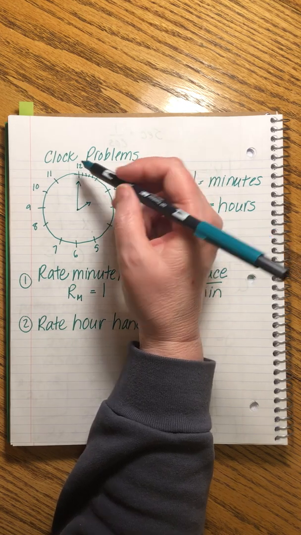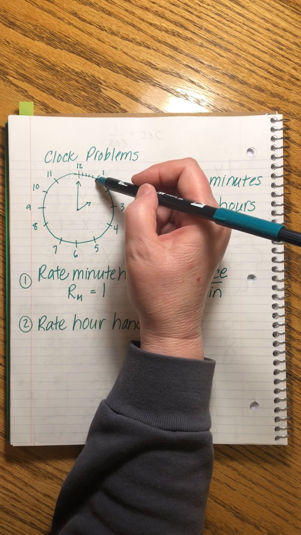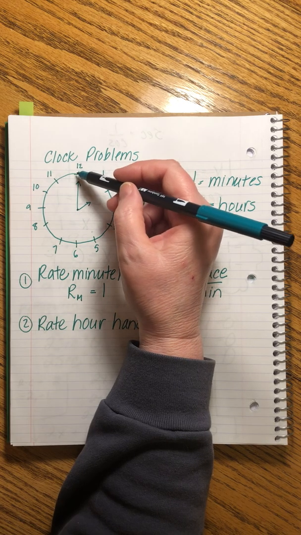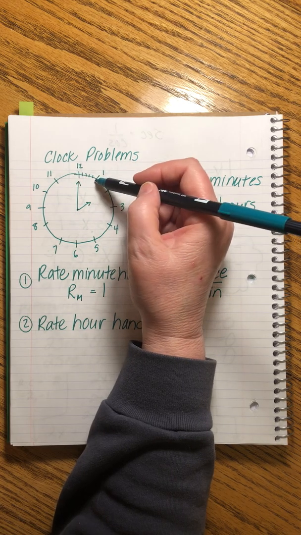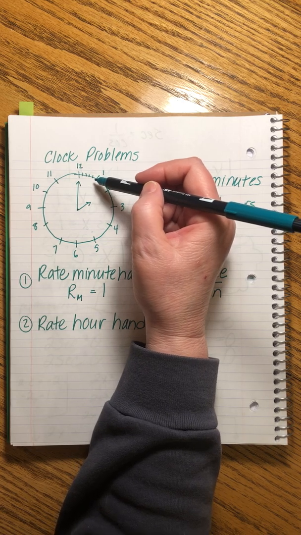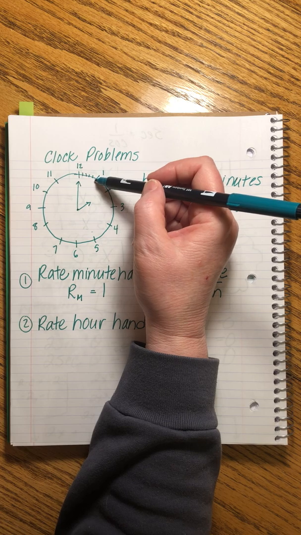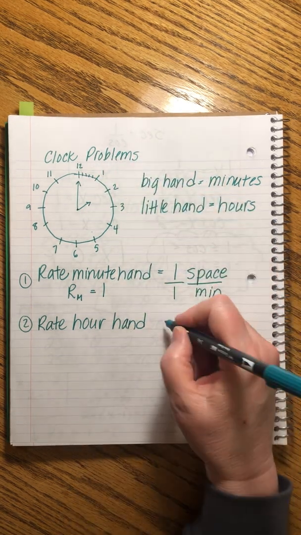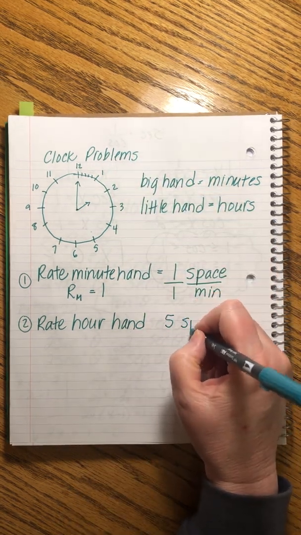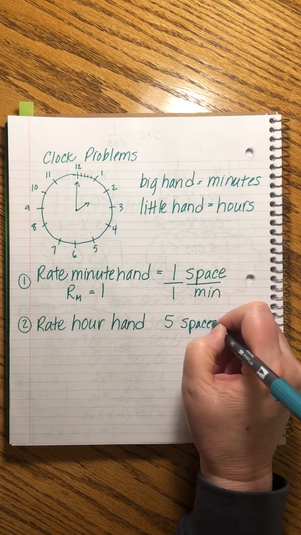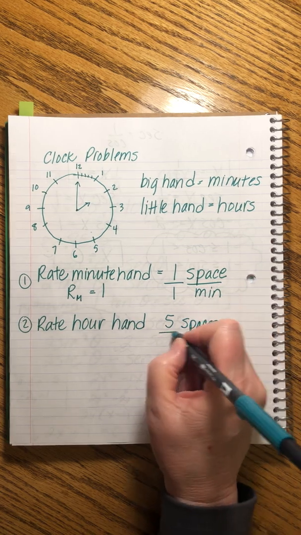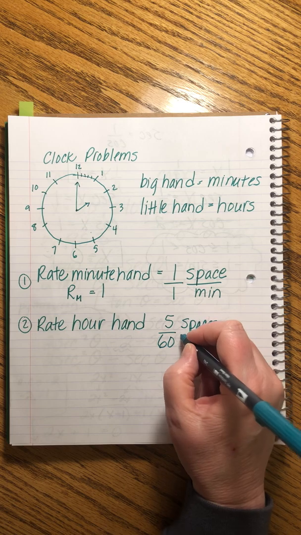In the time it takes to go from noon to 1 in the afternoon, or midnight to 1 in the morning, let's say that, because that will make more sense for people who use the other style of time. It is going to move 5 spaces in 1 hour, but an hour is 60 minutes, so let's say it in minutes.